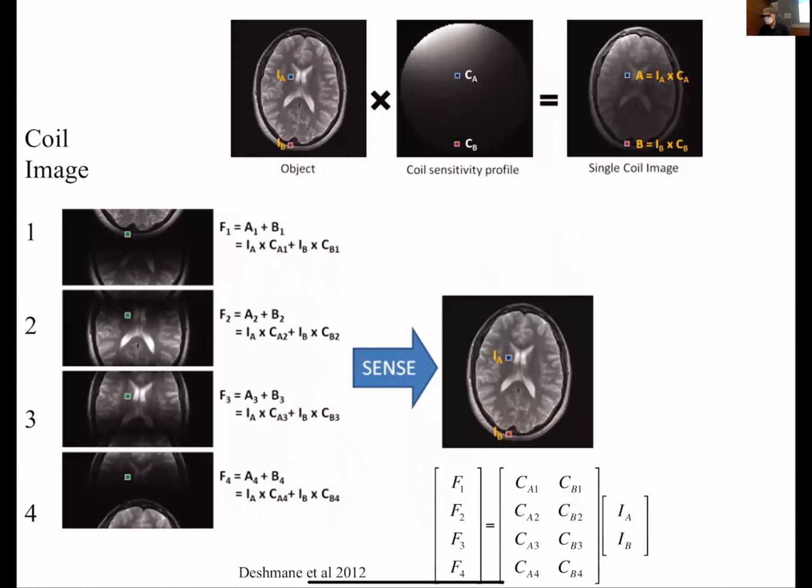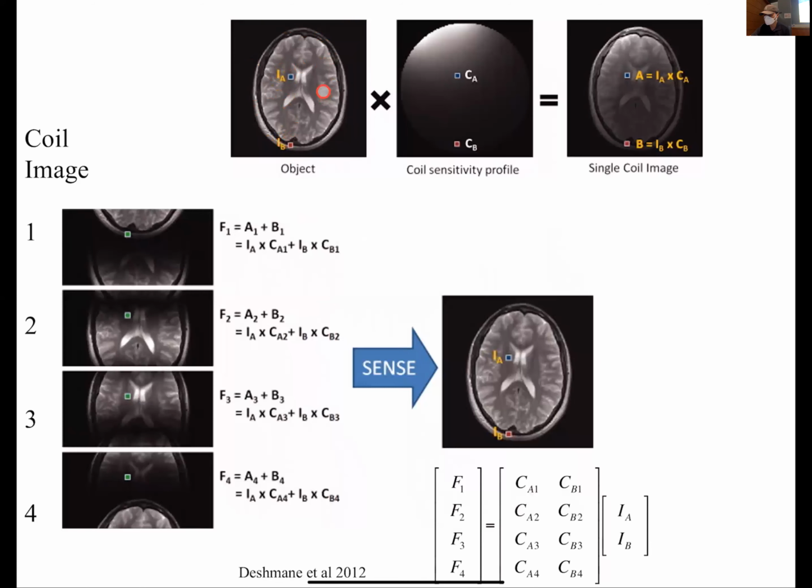So let me just walk you through the approach that was come up with to solve this, and realize you can actually solve this as a bunch of really easy problems. So imagine this is my object here, right? And these 2 points in my object, if I undersample by 2, they're going to be aliased, right? Because they're half FOV apart. So if I undersample by 2, I'm going to have replicas every FOV over 2, right?